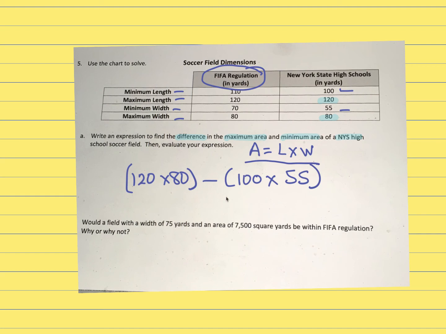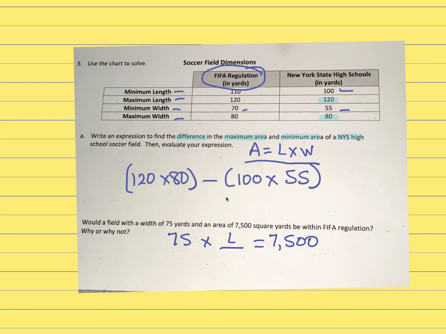Remember 75 times something is going to equal the area, the width and the length. 75 yards is within the range: the minimum width is 70 and the maximum width is 80.